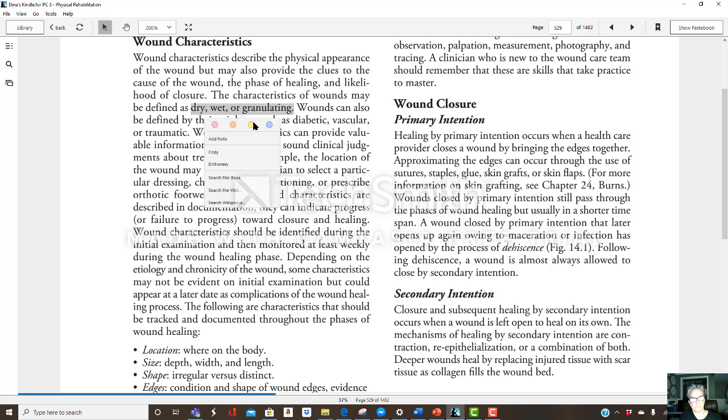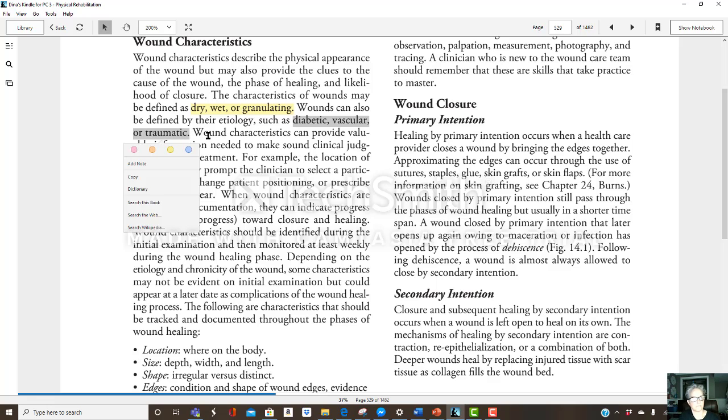Wound characteristics can provide valuable information needed to make sound clinical judgments about treatment. For example, the location of the wound may prompt the clinician to select a particular dressing, change patient positioning, or prescribe orthotic footwear. The wound characteristics are described in documentation. They can indicate progress or failure to progress toward closure and healing.